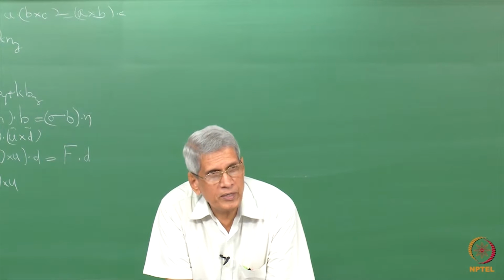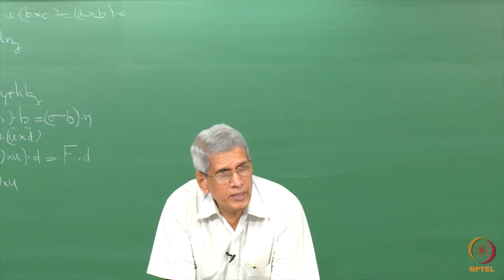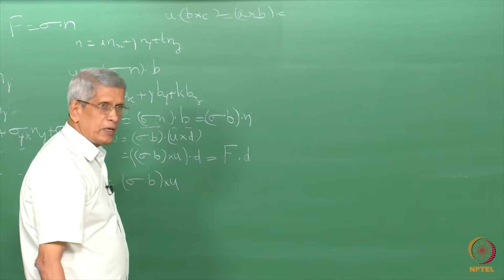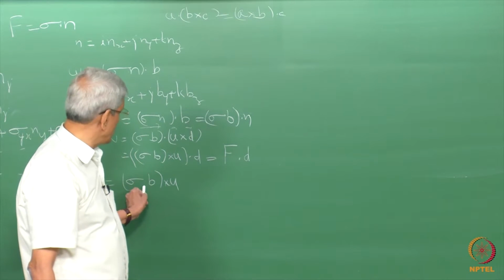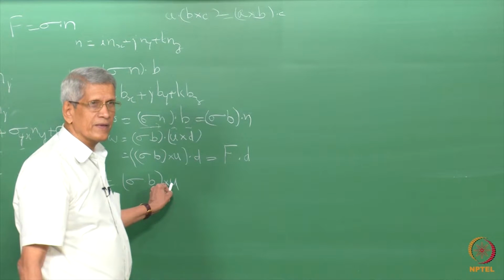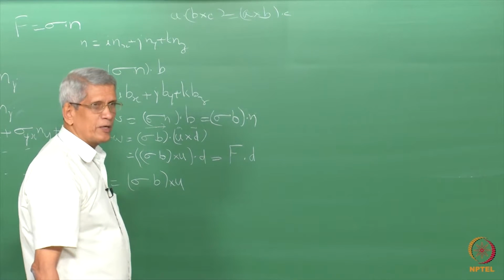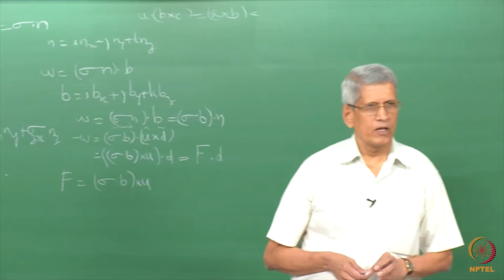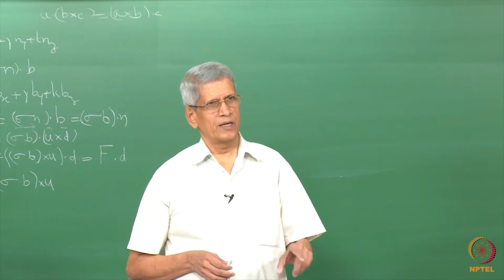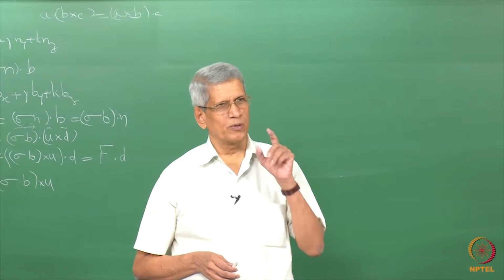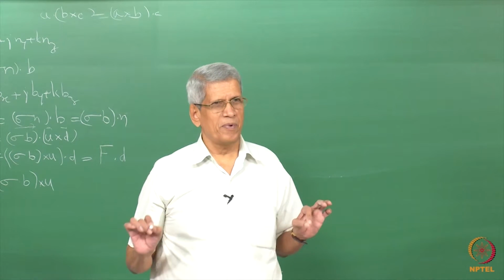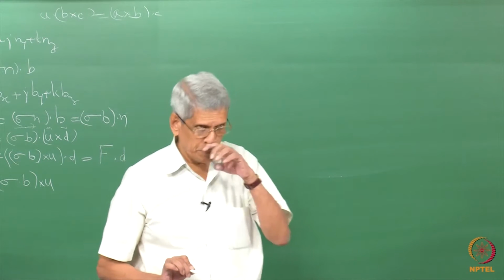If you look at this expression, it immediately becomes very clear that the force has to be perpendicular to these two vectors, correct? That means that u is the line direction, and the force acting on the dislocation is always perpendicular to the line direction. This is the first point which becomes obvious from this.